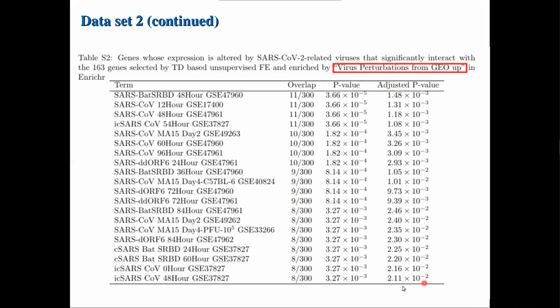These are corrected p-values, and it is obvious these SARS-CoV viruses affect the expression of the genes we have selected. So again, from this point of view too, our selected genes are reasonable.